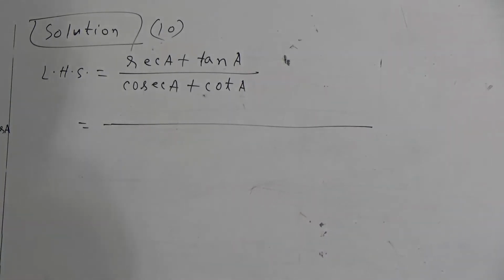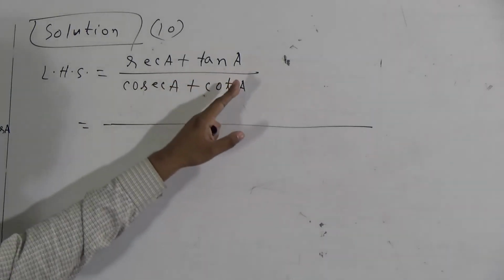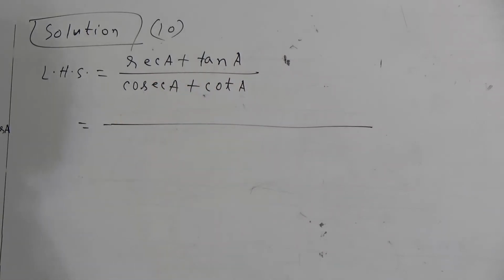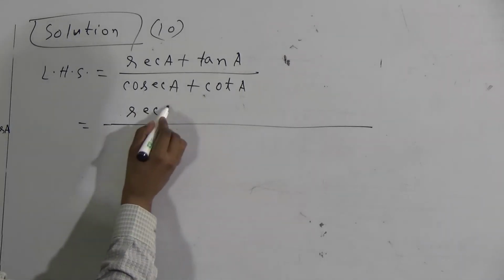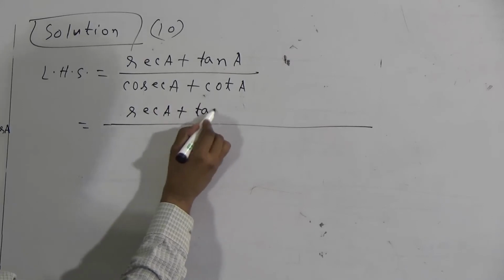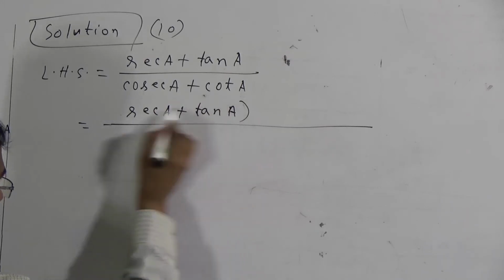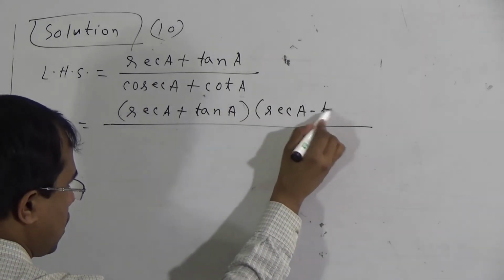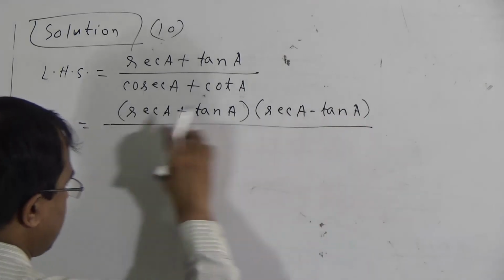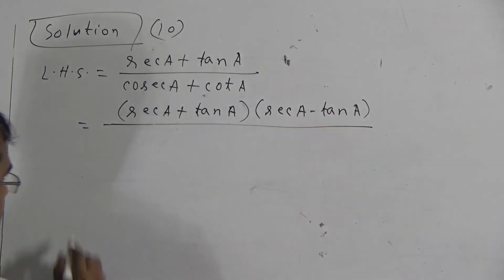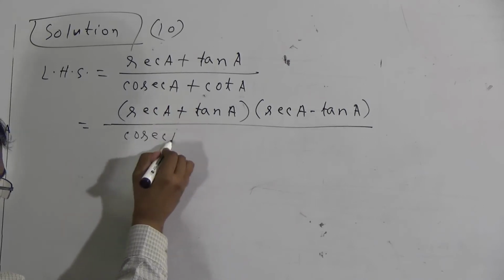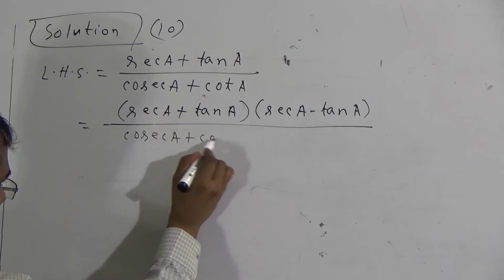Dear students, here sec A plus tan A exists in numerator. We will take another expression sec A minus tan A in numerator and denominators also. Sec A plus tan A into sec A minus tan A. Now we can apply A plus B, formula A plus B into A minus B. In denominators, cosec A plus cot A exists.